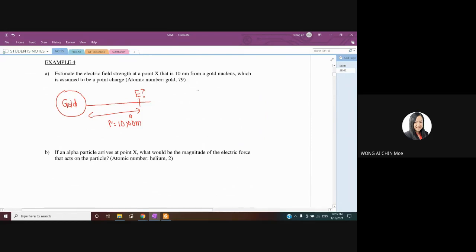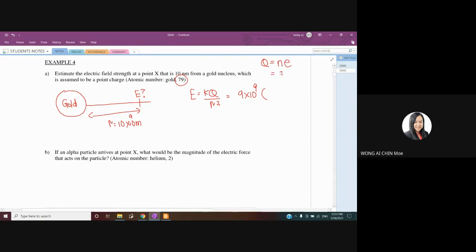So you can calculate E equals kQ, where Q is the point charge, over r squared. Your k is 9 times 10 to the power of 9. Q is the point charge, where they give you 79 protons in the nucleus. So our equation for Q equals the number of protons times the charge.